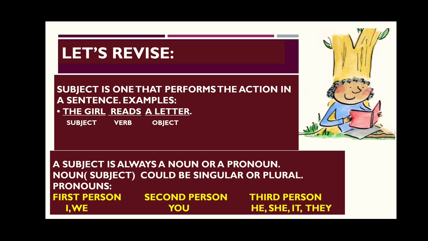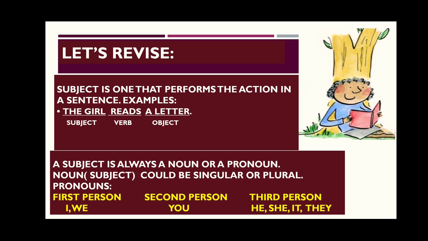Look at this example. The girl reads a letter. So, what is the action which is going on here? The action is to read. Who is reading it? The girl. That means the girl performs the action here. So, we got to know that the girl is the subject.